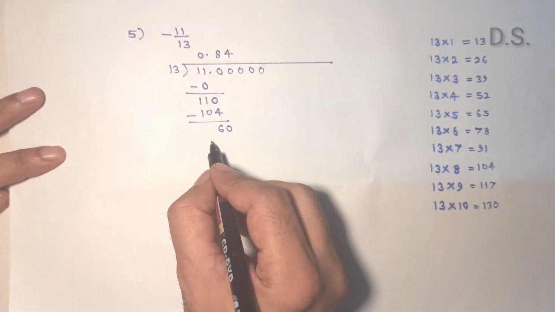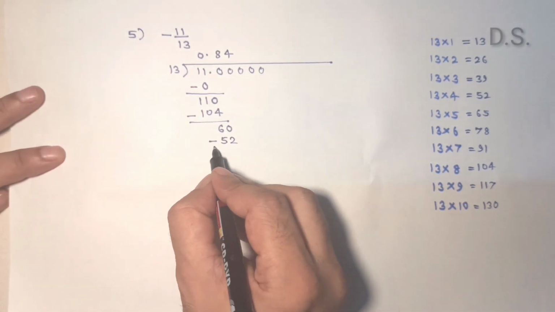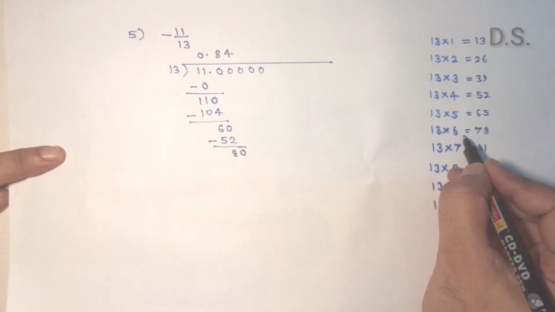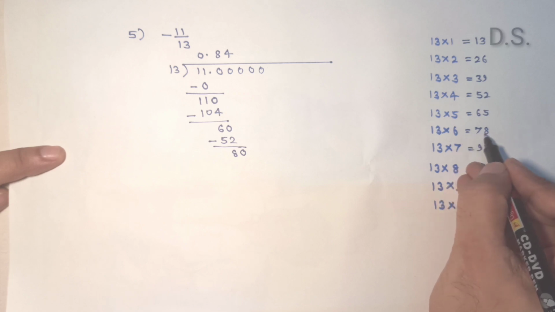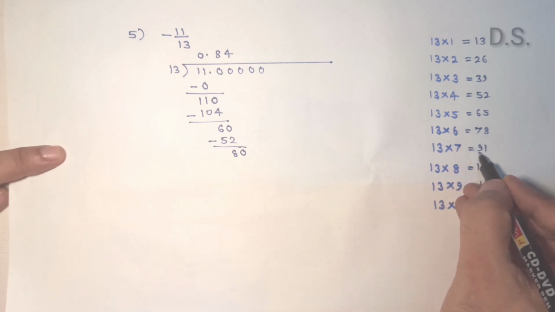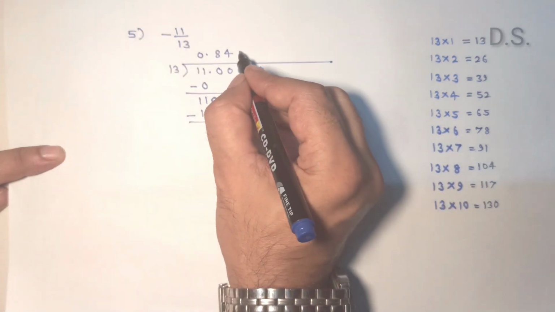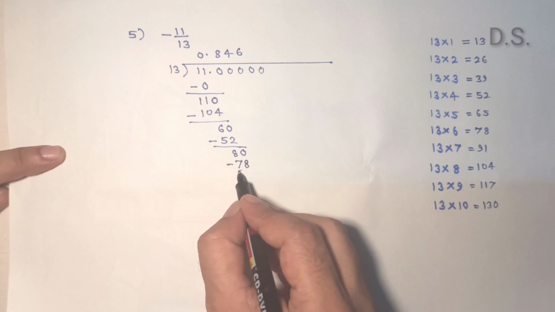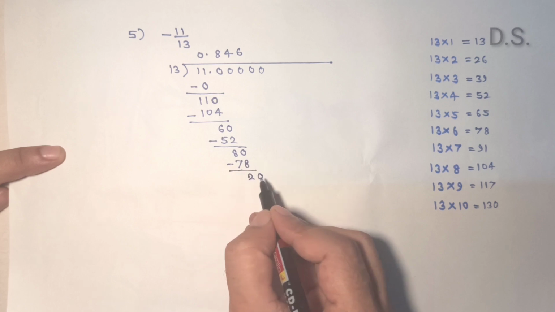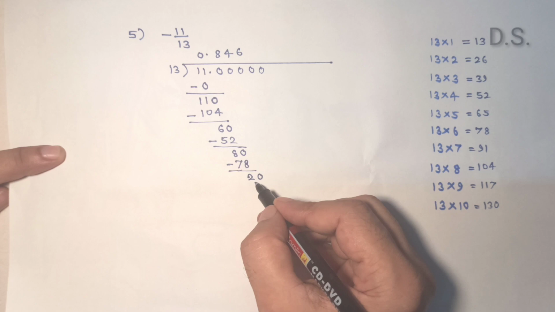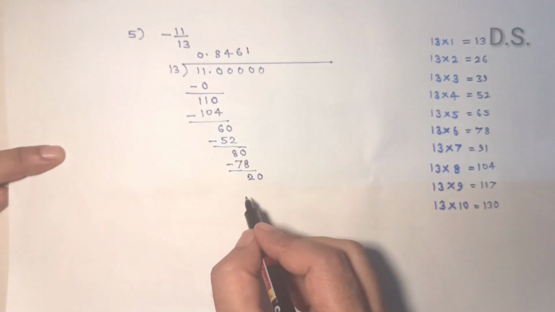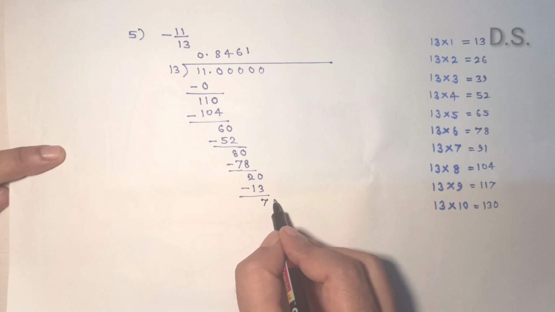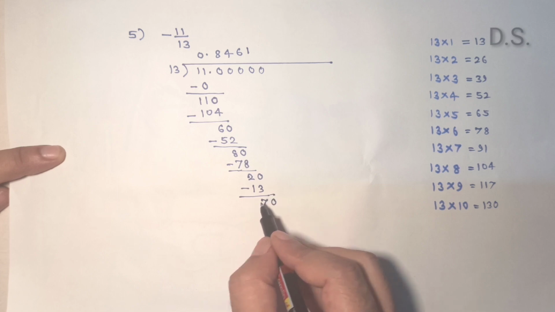Subtract 52, remainder is 8, that will become 80, and 13 6s are 78, 7s are 91, so 6 times, minus 78, remainder is 2, put 0, 20, and 20 easily you can say this is 1 time, so minus 13 will give you 7 and this 0, 70.